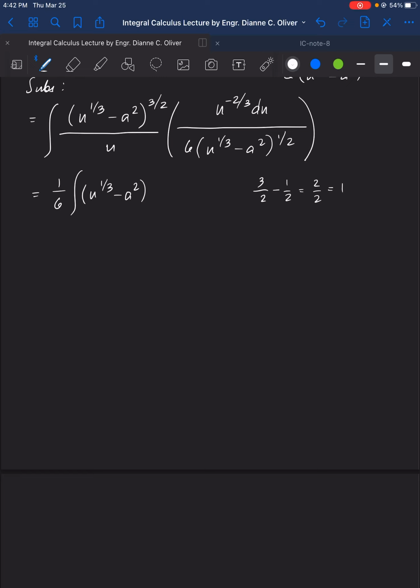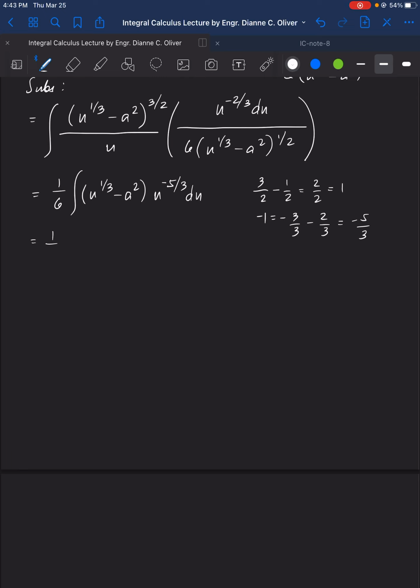How about the u? If I put u here in the numerator, it becomes u raised to negative 1. Then we have here minus 2/3. So negative 1 becomes negative 3 over 3 minus 2/3. So that is equal to negative 5 over 3. So we have here u raised to negative 5 over 3 du.